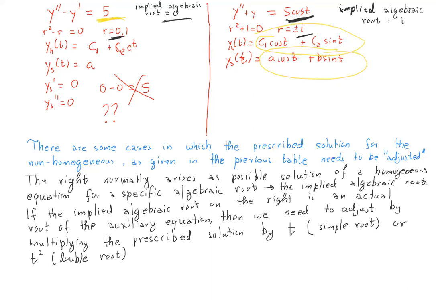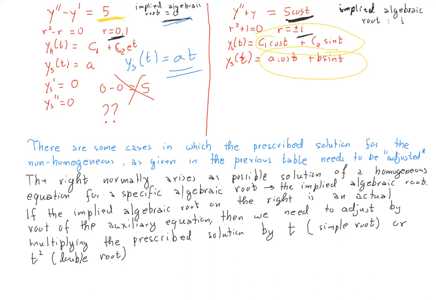Okay, so in other words, let's go back and correct our prescriptions here. Here, what we should have done is y sub p of t should have been At. So instead of a, you multiply by t. Why do you multiply by t?